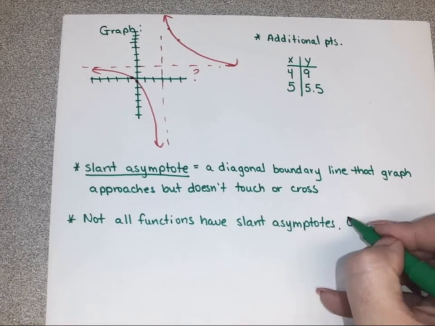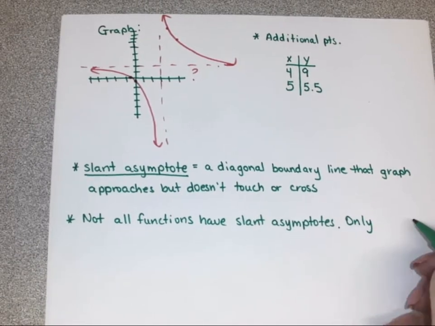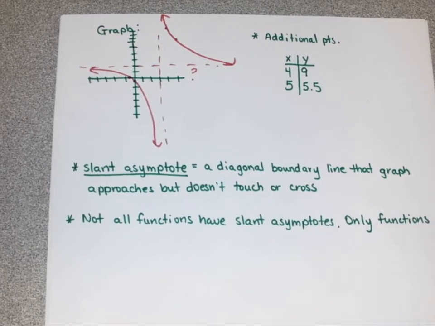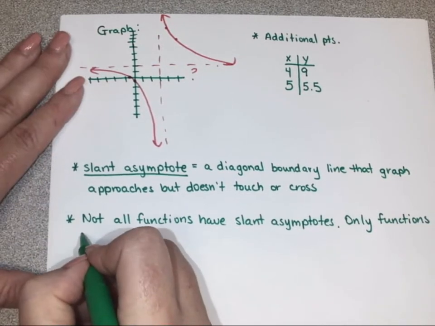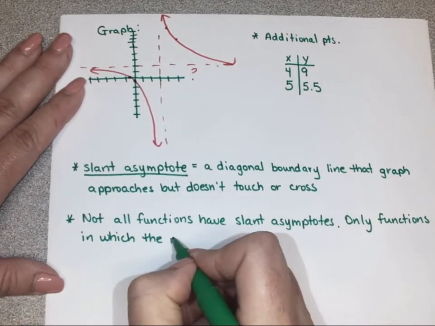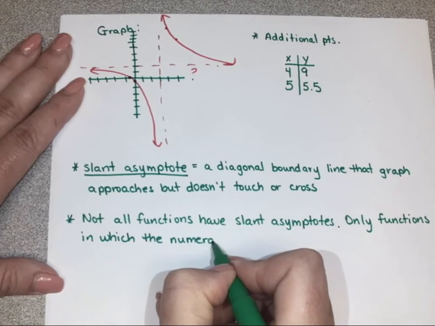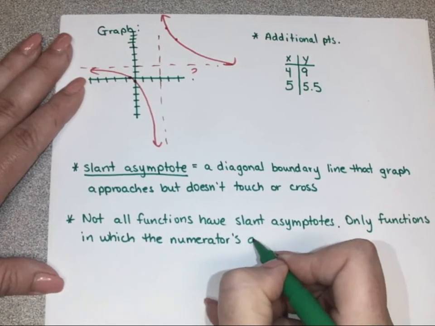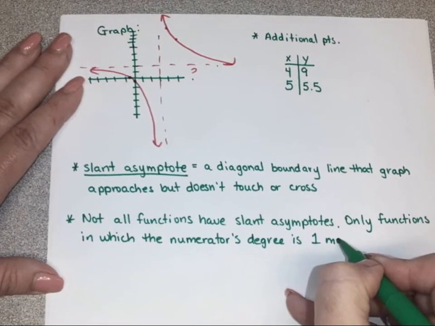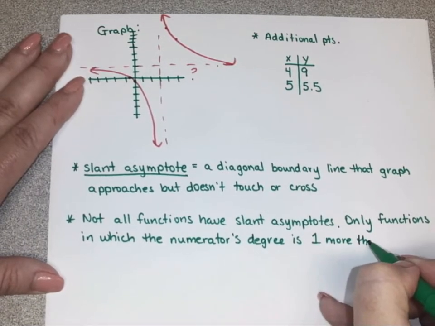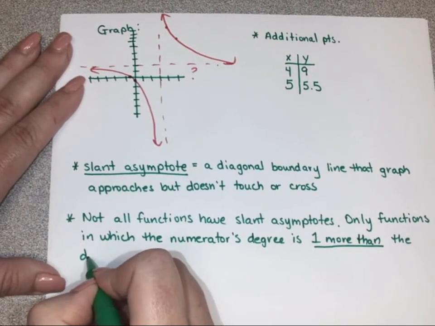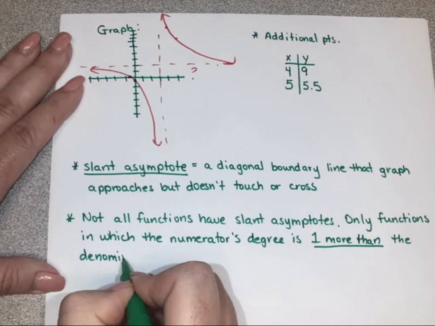Okay, so here are the very small group of functions that will have it. Only functions in which the numerator's degree is exactly 1 more than the denominator's degree will even have one of these.